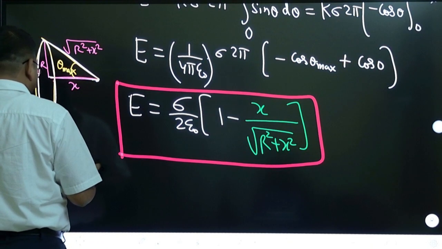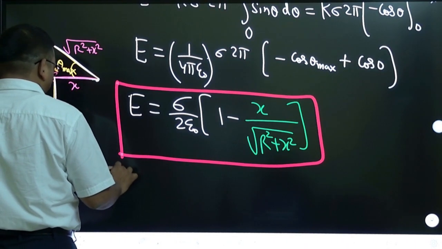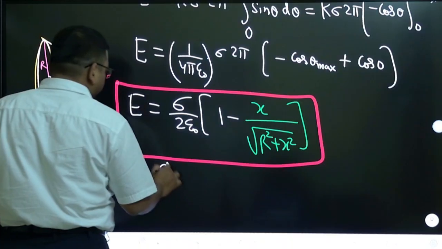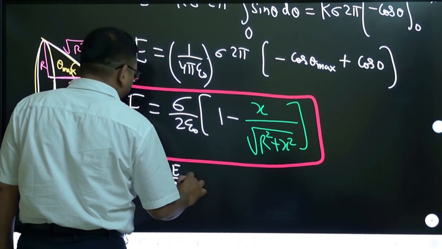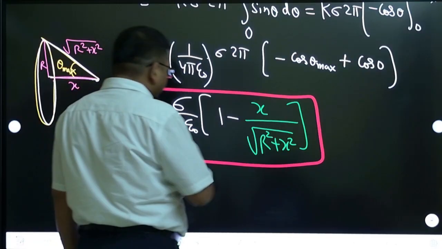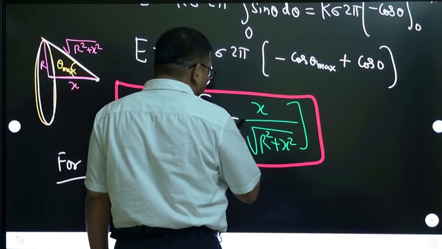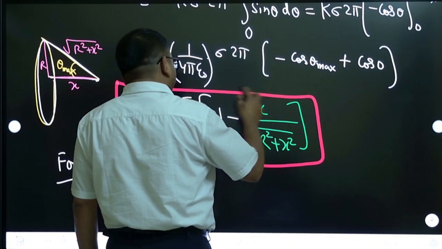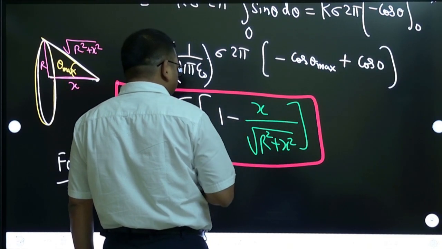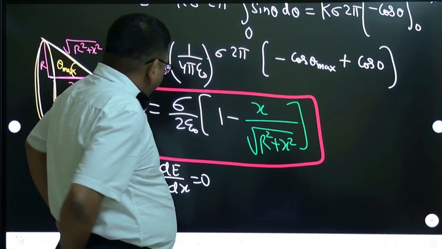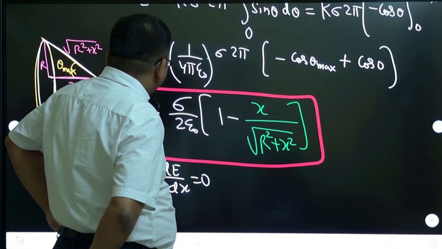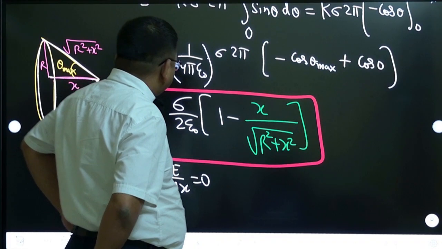So for maximum field, for E max, again we have to differentiate, dE by dx has to be equal to 0. So when you differentiate, this is anyway constant, leave that, one differentiation will be 0. Basically you have to differentiate this term. So differentiation has to be 0.